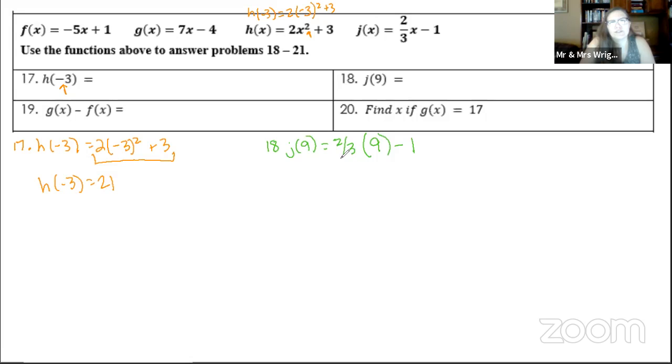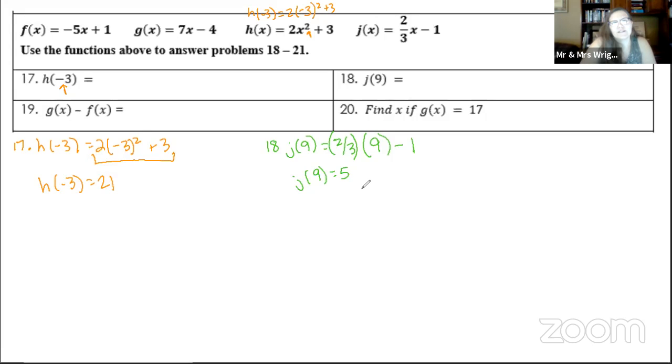Now, when you're entering into your calculator, if you're unaware of how to use a fraction on your calculator, the easiest thing to do is just to use your division symbol and put it in parentheses. So we're going to start with open parentheses 2 divided by 3, close parentheses. Open parentheses 9, close parentheses, minus 1, enter. And we get 5. So J of 9 is 5.